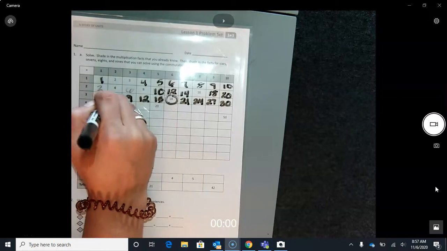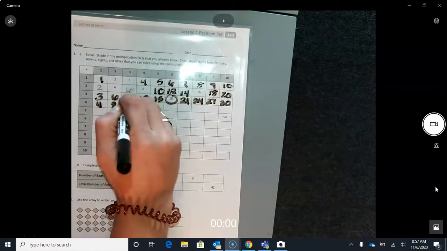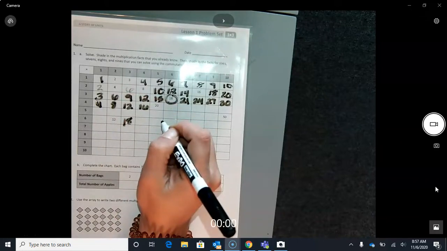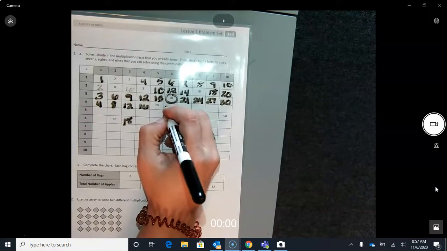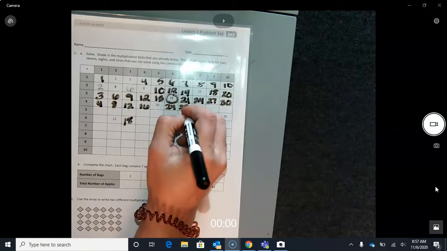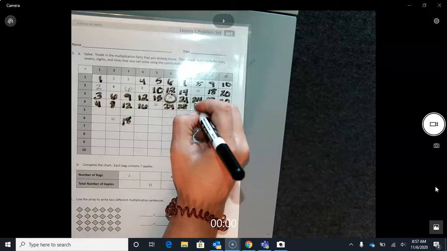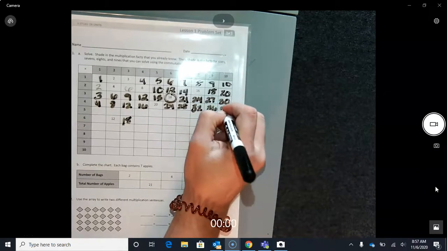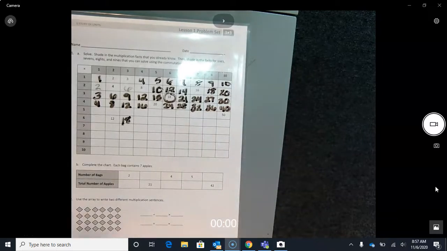We have 4, 8, 12, 16, 20, 24, 28, 32, 36, and 40. All right, and then we've studied the 5 facts, so we should know those.